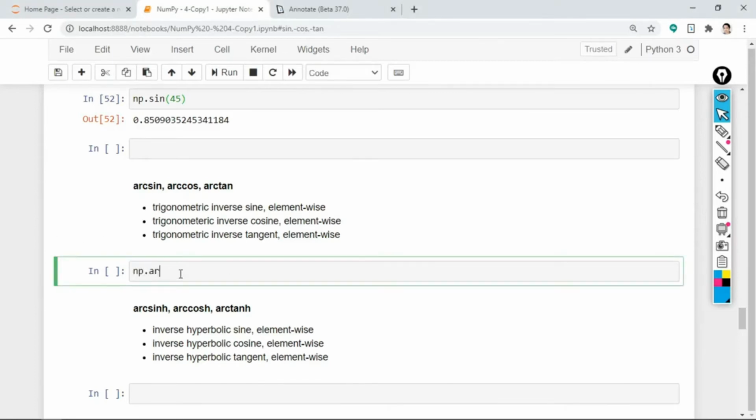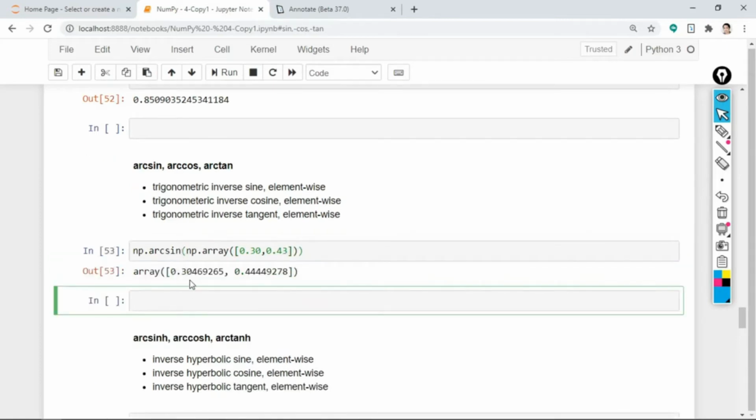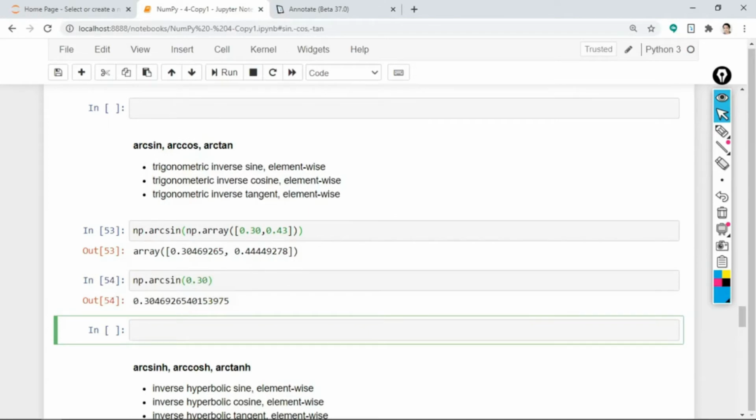For example, I have an arcsine of an np.array, let's say 0.30 or 0.43. We have the values, in terms of radians also. You can also use a single value with arcsine, for example 0.30.